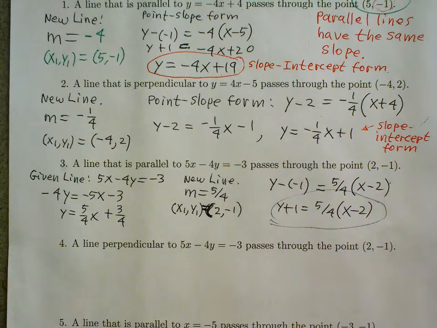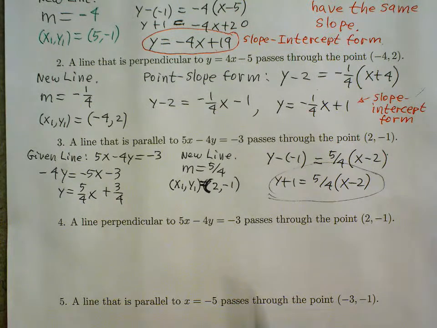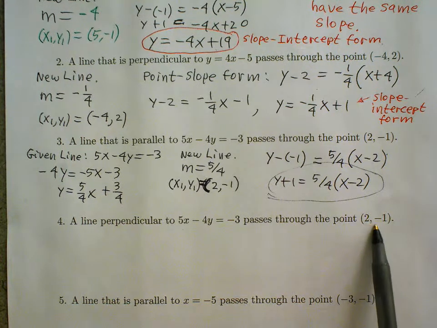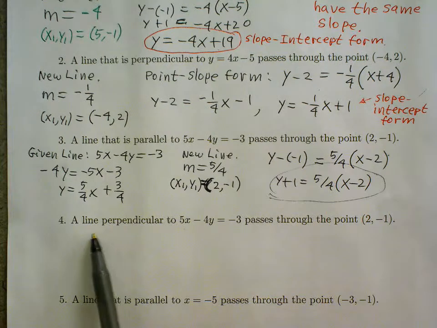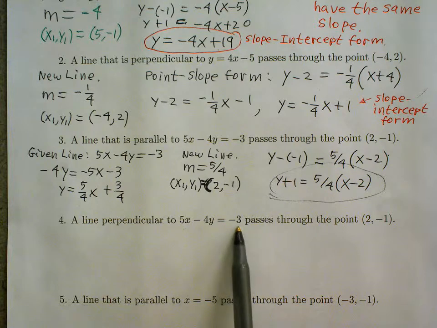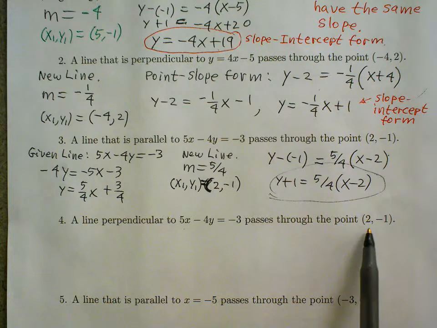Okay, the next problem involves the same given line and the same point, but this time we want to find an equation of the line that's perpendicular to 5x minus 4y equals -3, and which passes through the point (2, -1).